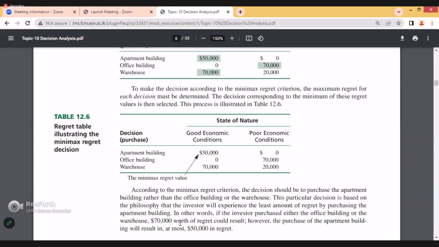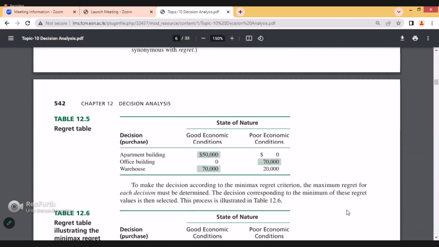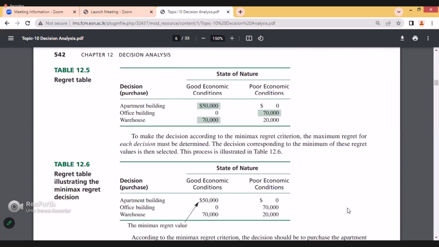The particular decision is based on the philosophy that investors will experience the least amount of regret purchasing the apartment building. In other words, if investors purchase an office building or warehouse, 70,000 regret results; however, purchasing the apartment building results in 50,000 regret. Right. There are some conclusions.